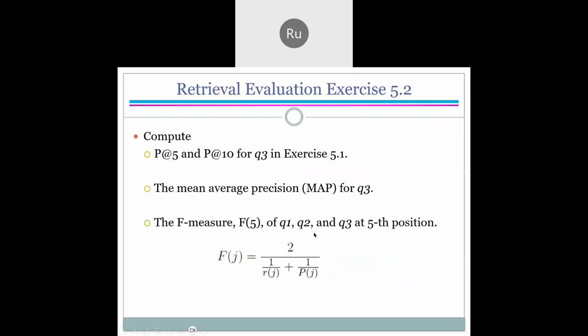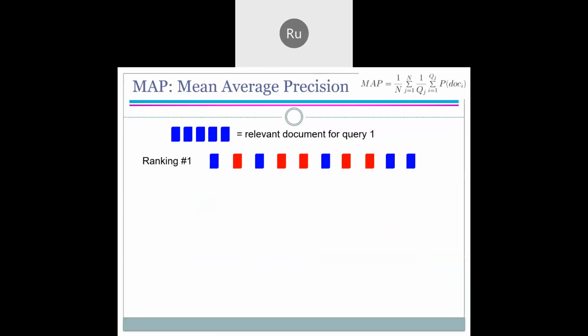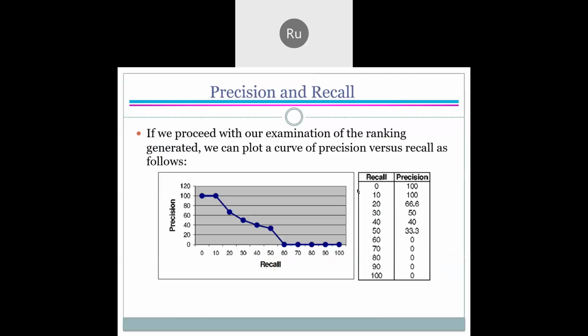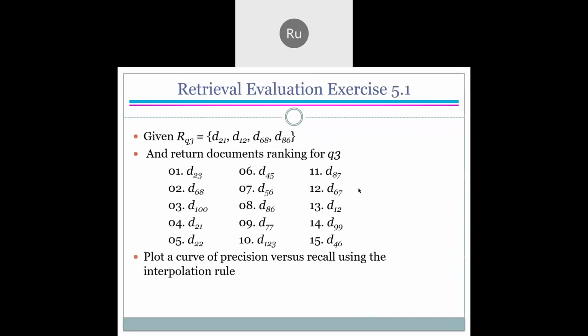So basically, we are looking at the precision at each relevant position that we have. So we go back to here. Where is our name? Okay. So we are looking at the relevant documents that we have.